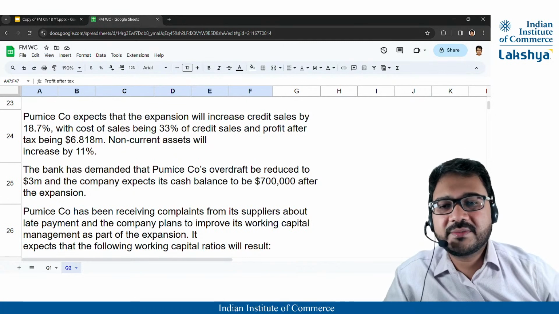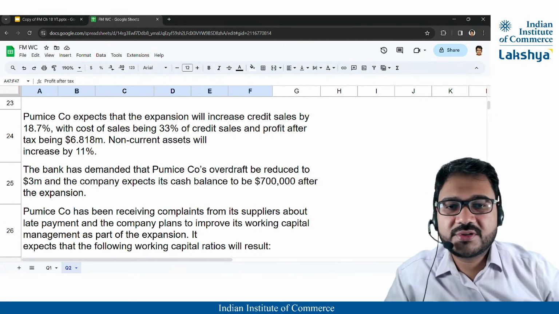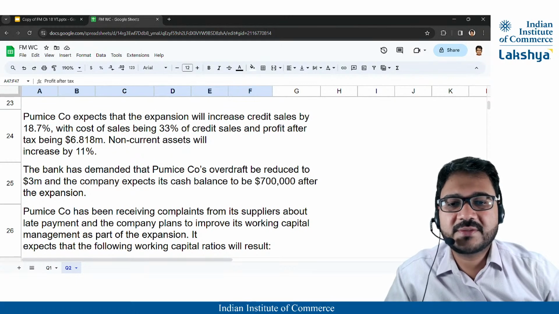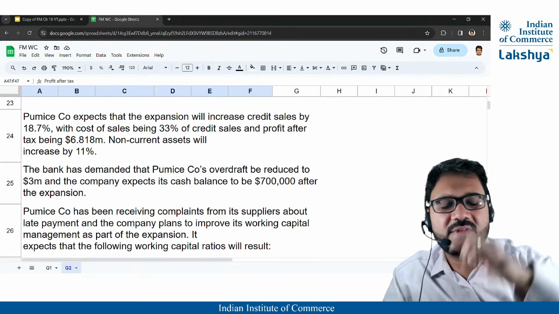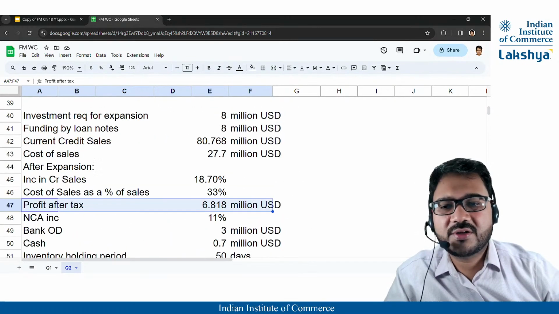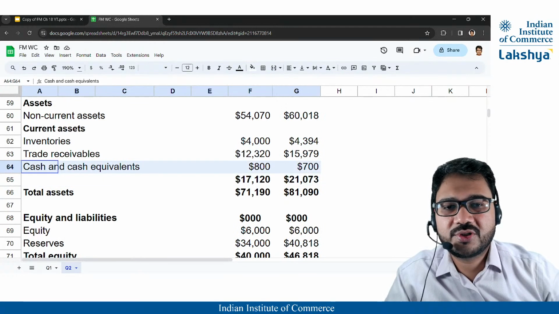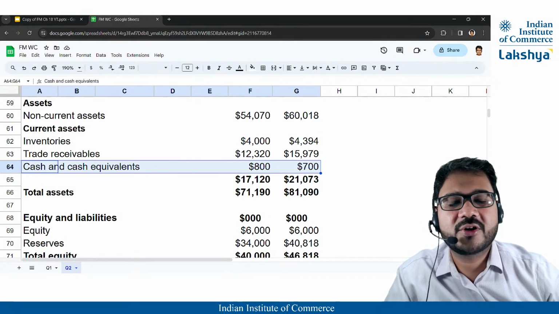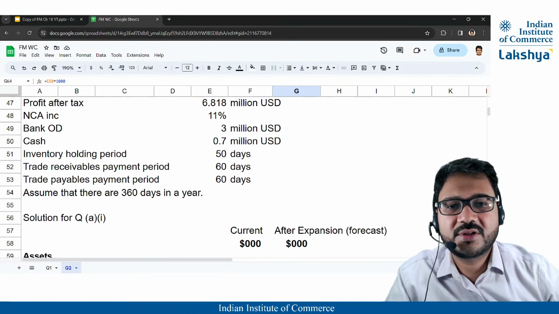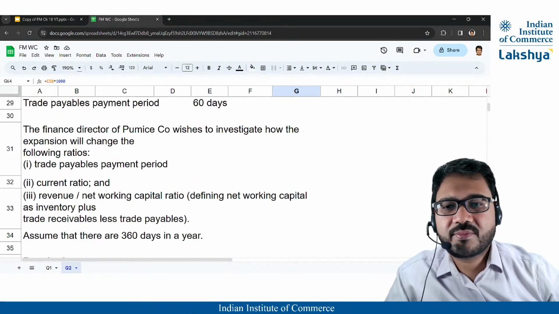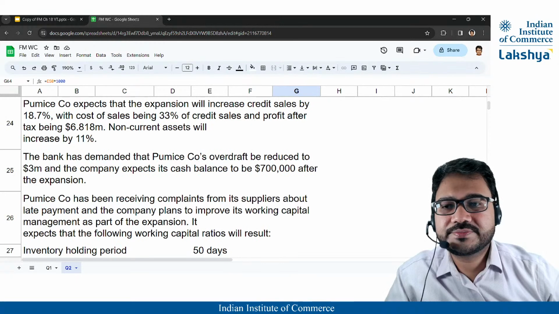The bank has demanded that Puma's company's overdraft be reduced to 3 million, and the company expects its cash balance to be $700,000 after expansion. So they have given that cash will be $700,000 probably when we are making our cash and cash equivalents. We are recording it as $700,000. Okay. Then what else?